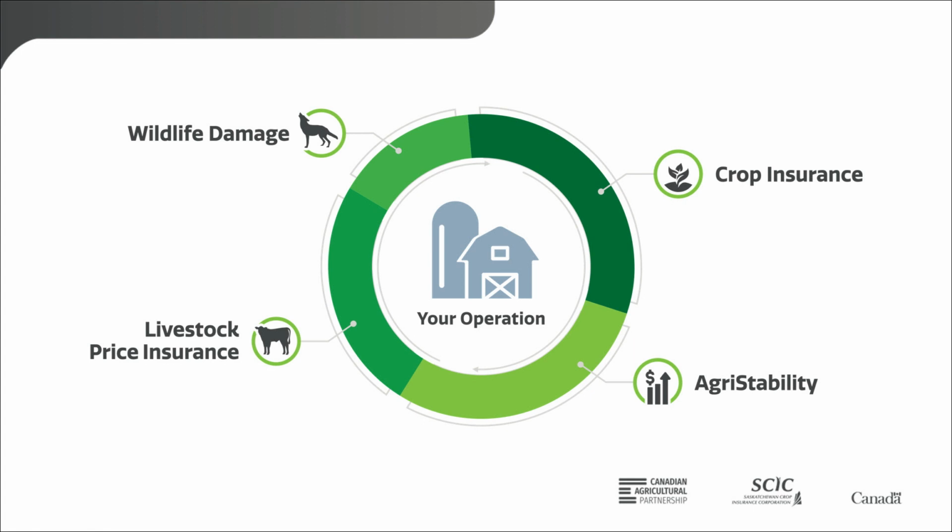With livestock price insurance, it does a great job of protecting from a price decline for a specific settlement period of time. AgriStability offers, again, margin risk protection for the whole farm over the course of that entire year. And with wildlife damage, that program is open to all producers in Saskatchewan.